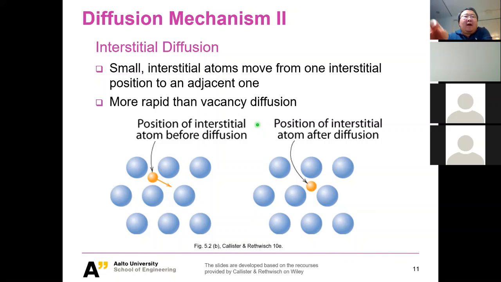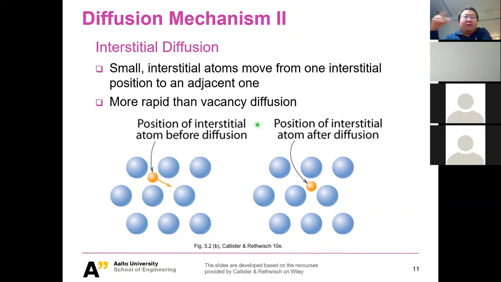That was vacancy diffusion. And now let's talk about interstitial diffusion. That is even easier for you to understand after we talk about the vacancy diffusion. This always happens when you have small atoms diffusing into another material, because you probably remember our crystals are always in a certain structure, BCC, FCC, and there's always spaces for small atoms to go into.